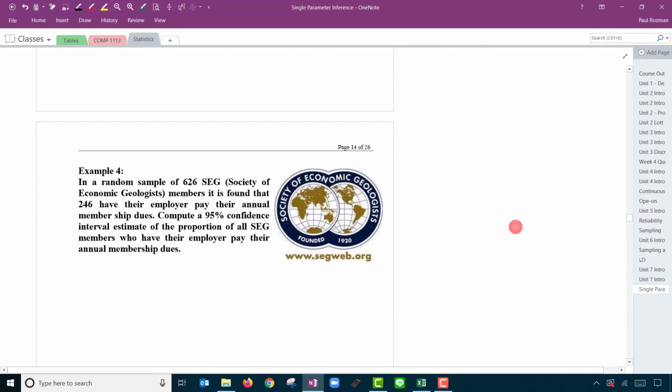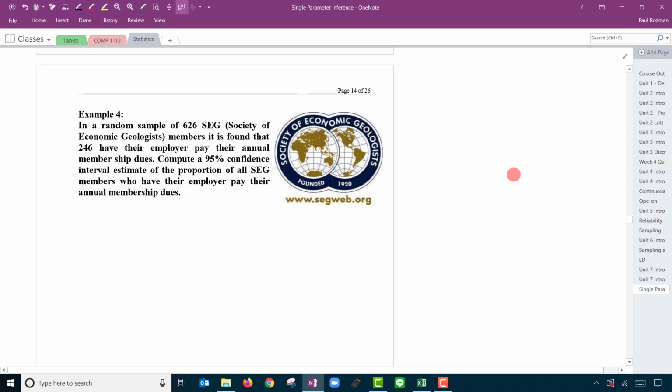So here's a little example. We have 626 Society of Economic Geologists members. So that's our sample size. And we found that 246 of them had their employer pay their annual membership dues. So the proportion of employers who pay membership dues in our sample is 246 out of 626.